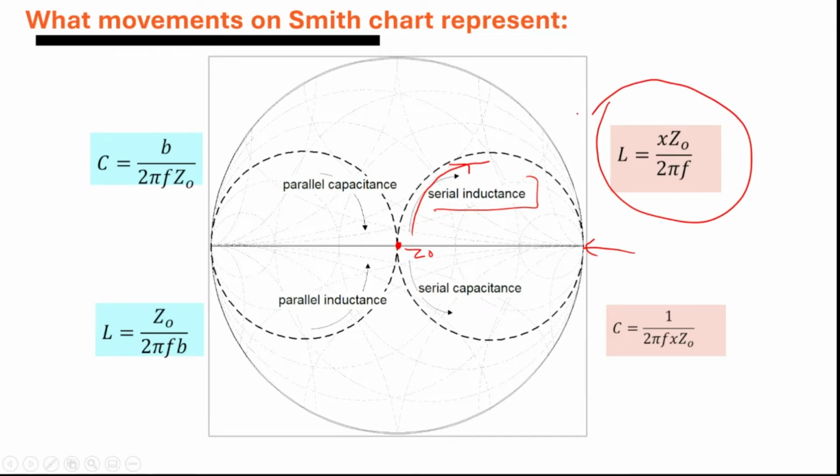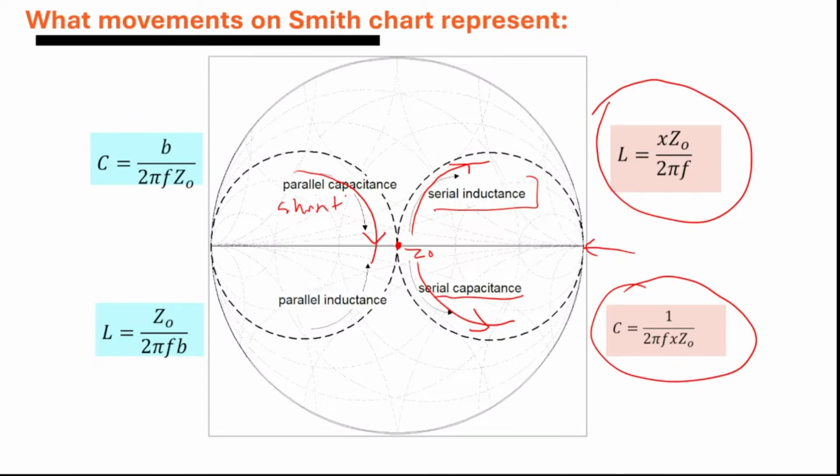However, if we are moving in a counterclockwise movement, we're going to add a series capacitance into our impedance matching circuit, and this is the equation that we're going to use to find C. If we're moving in a clockwise movement along the Y Smith chart, we're adding a parallel or shunt capacitance, and this is the equation to find it.